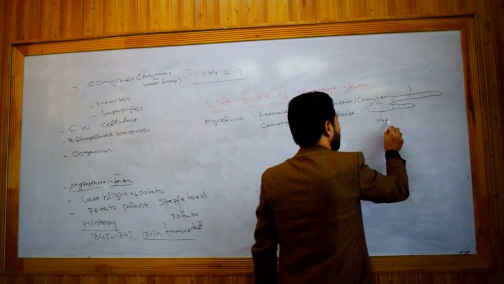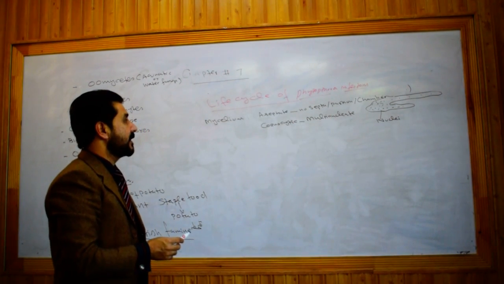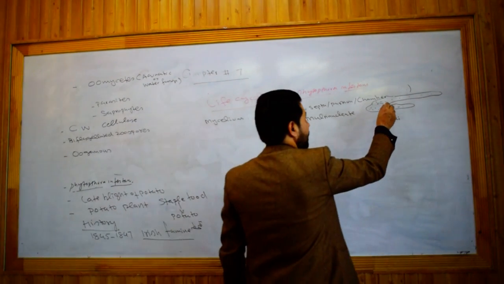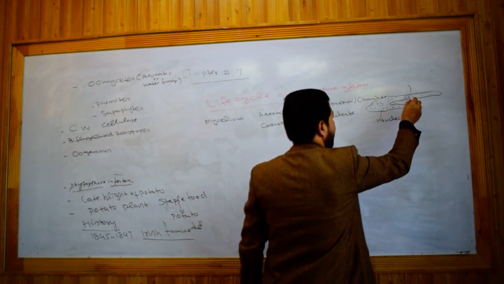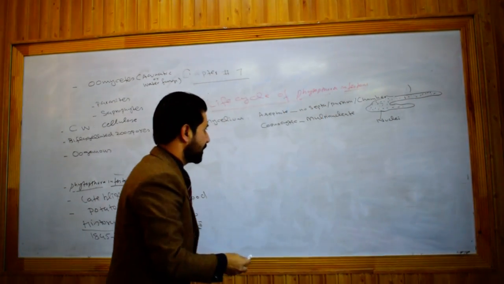These are the nuclei. So such a type of mycelium is called coenocytic mycelium, which has many nuclei in it, and no septa is present in the form of partition or chamber.